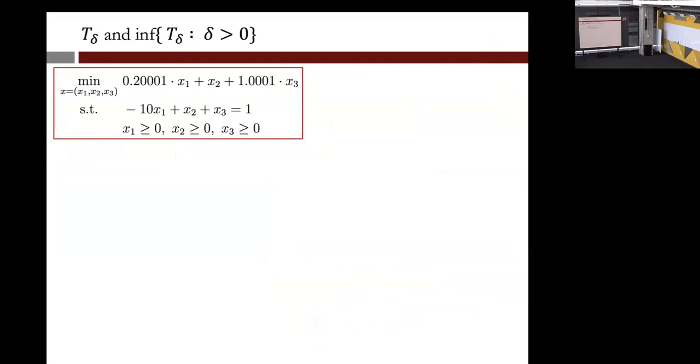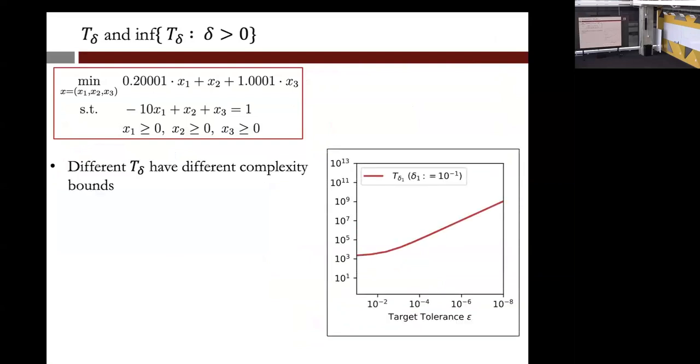So I can choose the best of all these bounds. So watch. For example, if I choose delta equal 10 to the minus 1, here is the bound that I get as a function of my desired epsilon tolerance. This is epsilon, not delta. This is my LP tolerance.